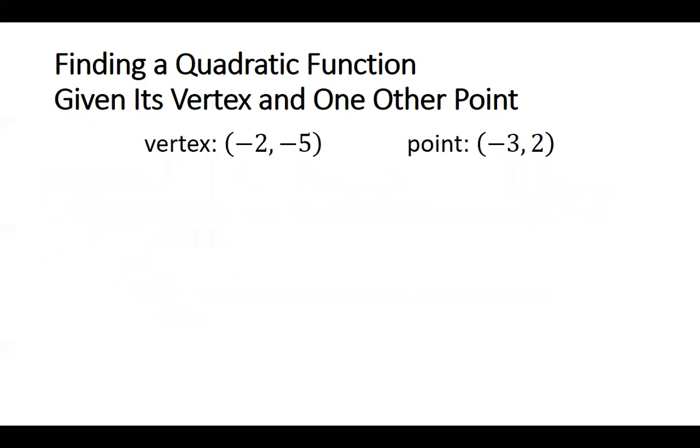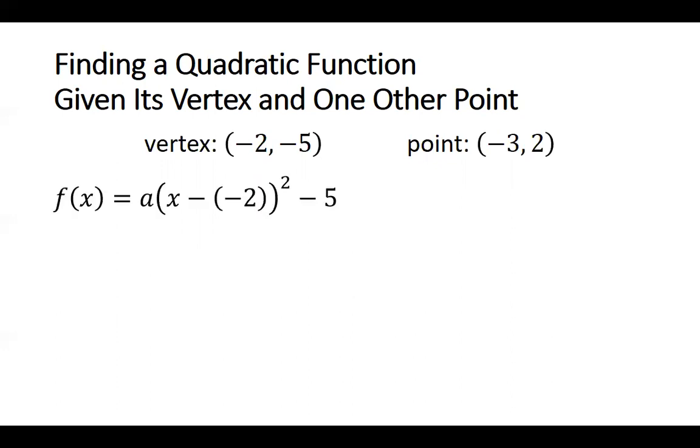So let's take a look at one of those. What if we have a vertex at (-2, -5), and a point at (-3, 2)? Well, remember, we want to get into the format f of x is equal to a times (x minus h) squared plus k.